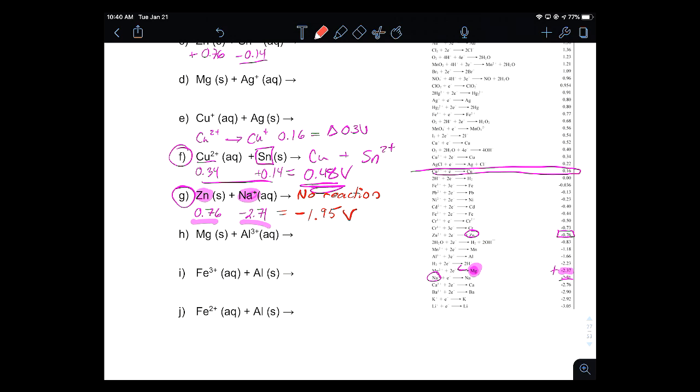So here's copper 2+, so I'm going to find that on my table. And I'm going to assume that I'm going to try to reduce it all the way.